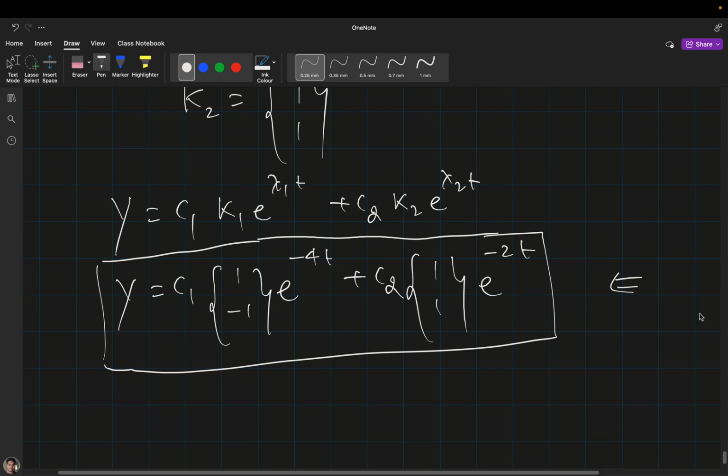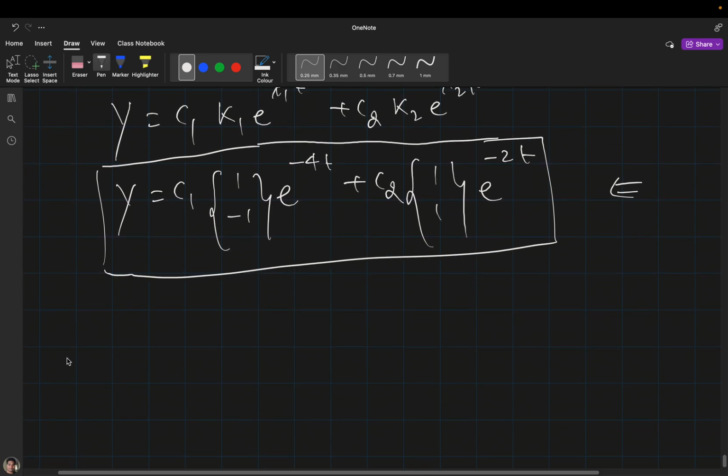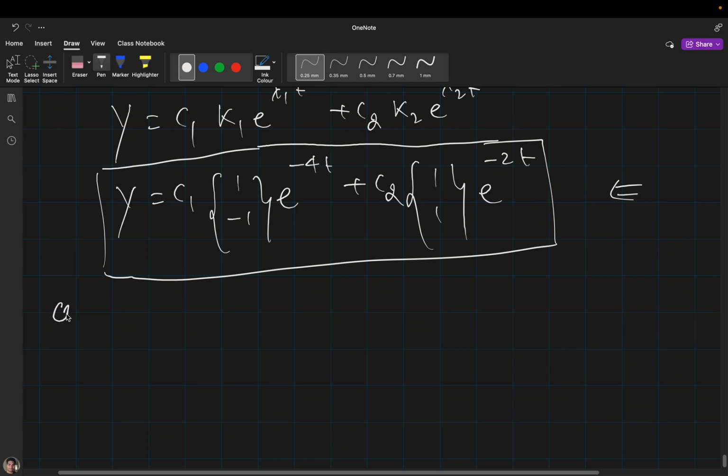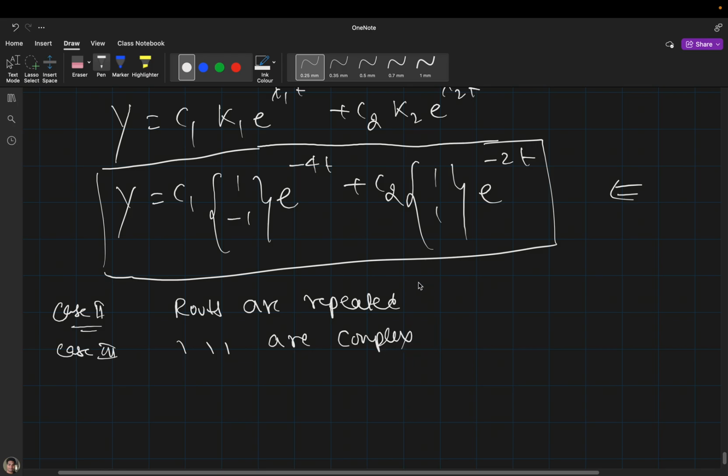Yes, sir. Okay. So there are two more cases. Case 2 is if roots are repeated, and the other case is if roots are complex. But don't worry, I will not discuss them, since these two topics are out of your scope.